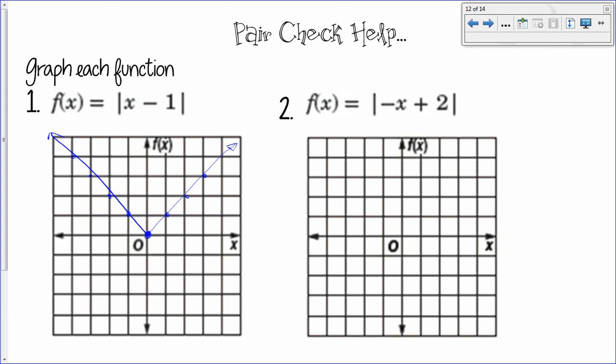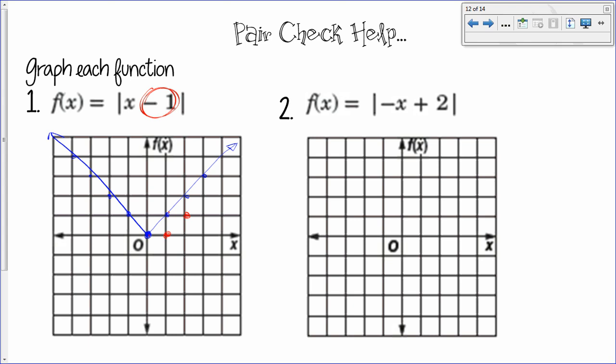So now this plus 1 inside, what's that going to do to my parent graph? To the right, so it's going to be a shift. So this point right here shifts where? Right 1. This point shifts right.